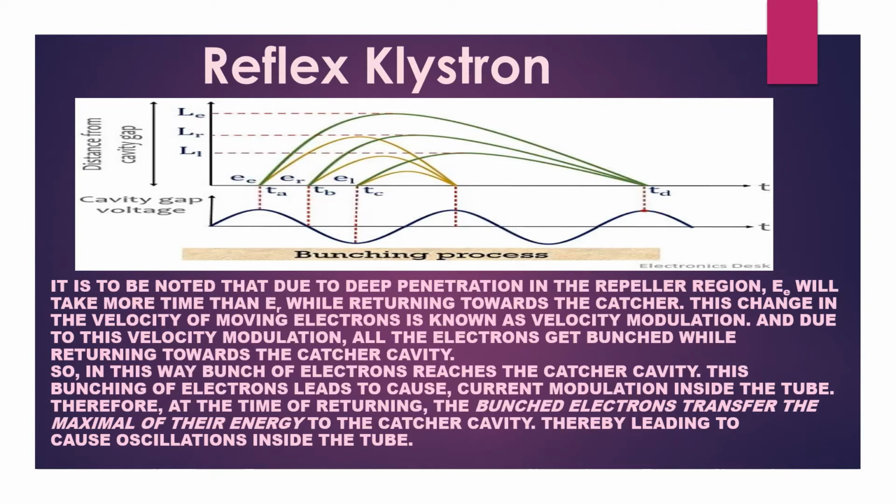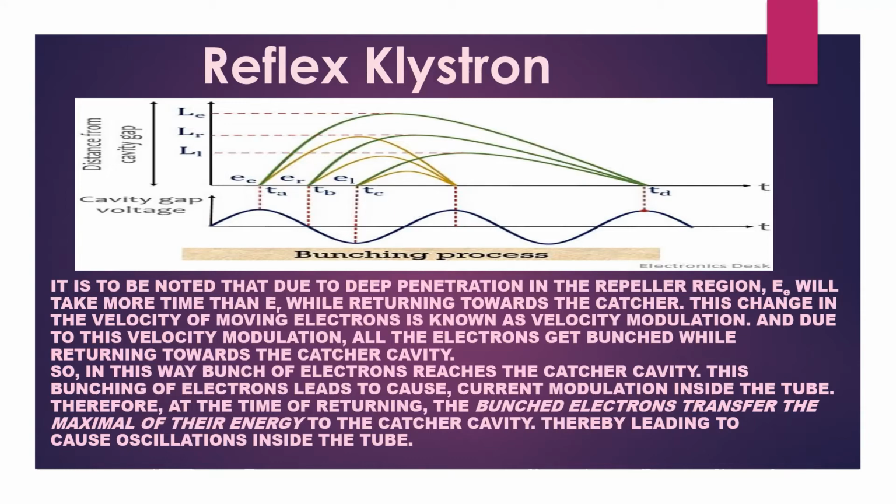They are repelled at the repeller space and they are moving back to the anode cavity where they are forming a bunch. It is to be noted that due to deep penetration in the repeller region, EE will take more time than ER while returning towards the catcher. This is evident from the figure.